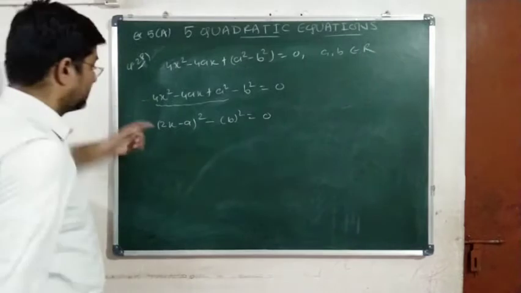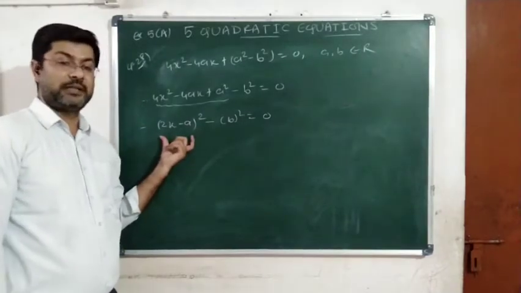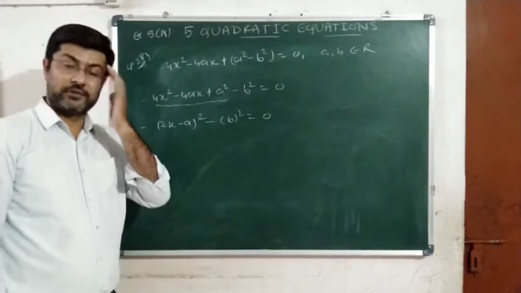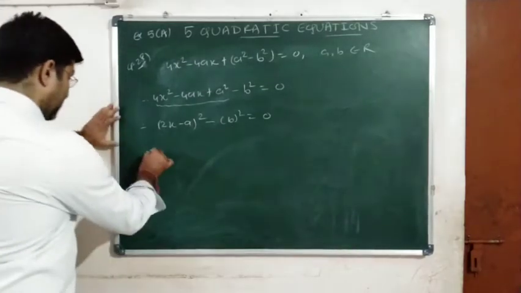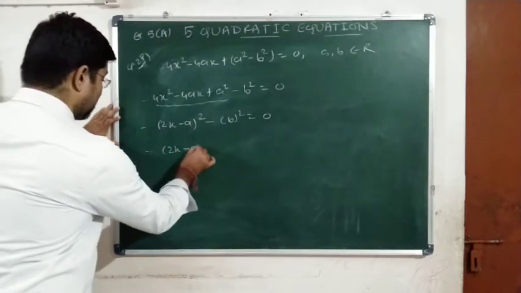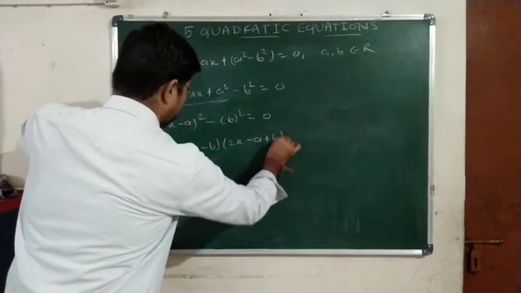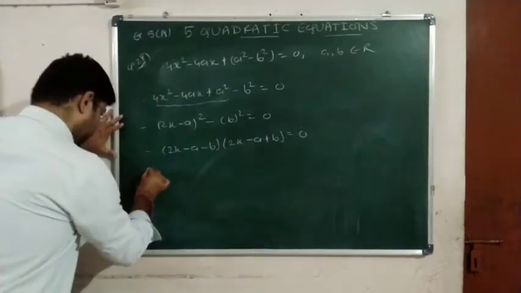Now the first bracket you consider to be A and this is B, so A square minus B square, we can apply the difference of squares formula, and therefore (2x minus a minus b) and (2x minus a plus b) is equal to 0.